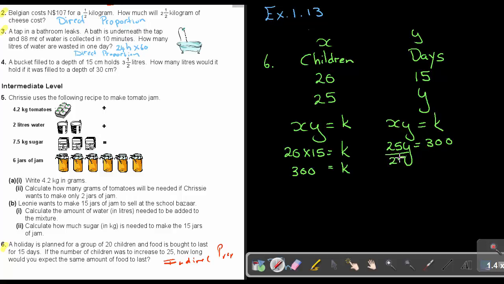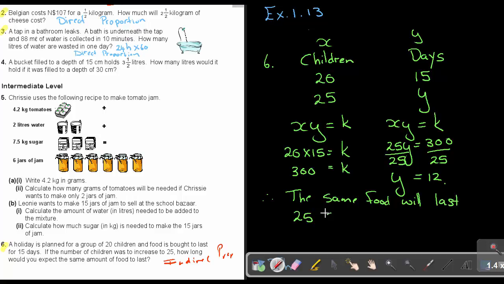I divide 25 and I divide 25. So the value of y will be equal to 12. So therefore, the same food will last 25 children for 12 days. And that's how you do direct and indirect proportion.